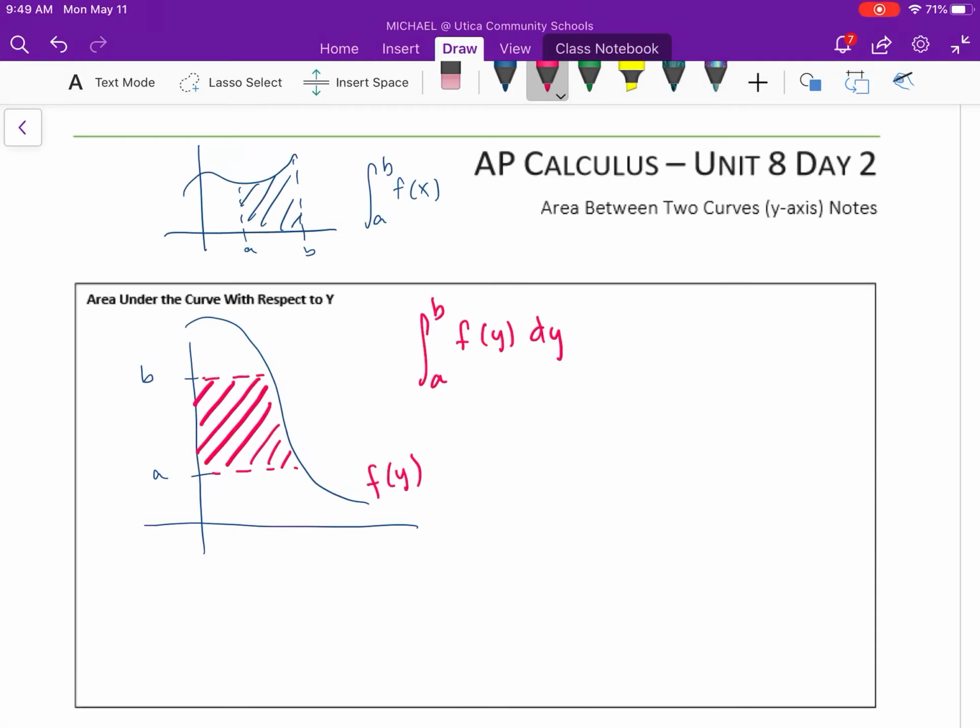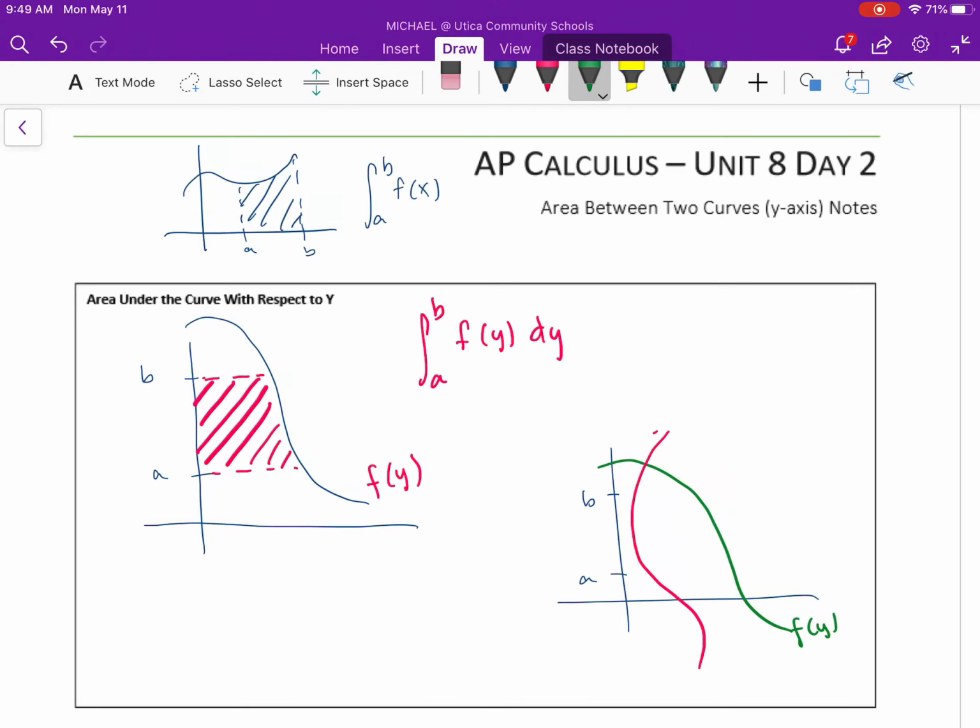And then between two curves is going to work very similarly. If I have two curves, and I want to go from A to B, let's call this f of y, let's call this g of y.